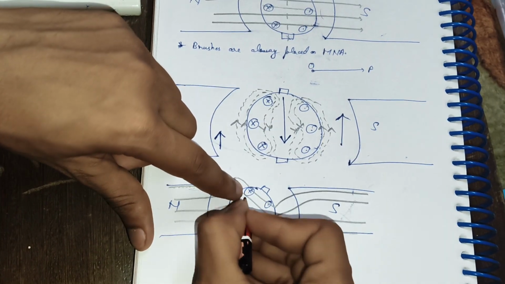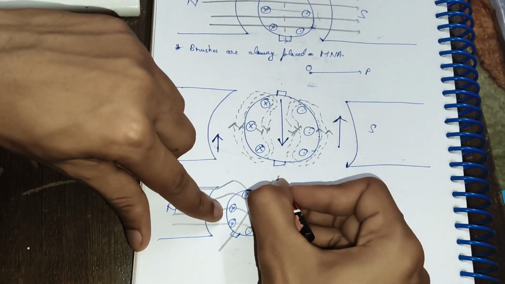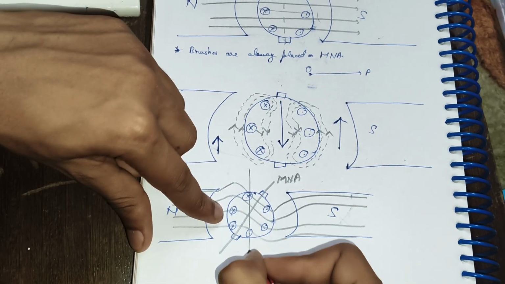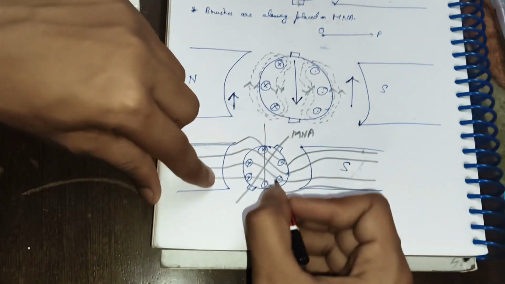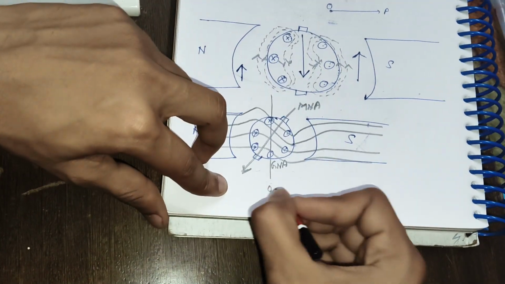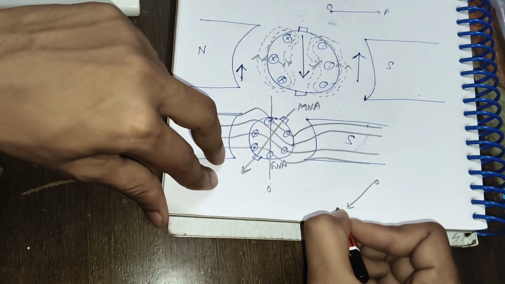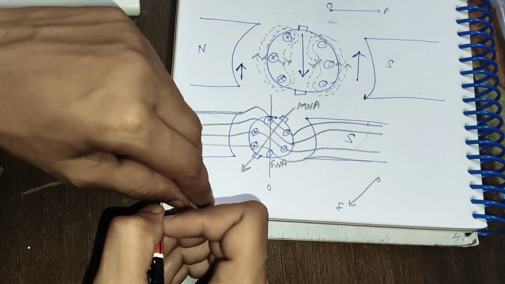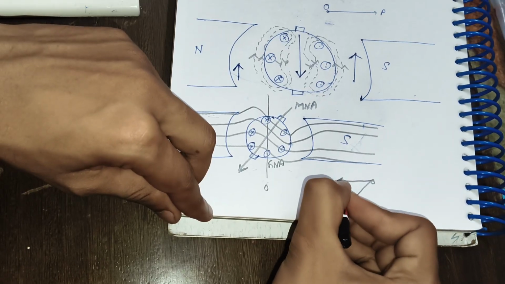Now the magnetic field across the rotor, or say MNA, is shifted, and the GNA is the same. So see this, the zero point, and this is the resultant force F, which we call armature reaction. It produces two effects.